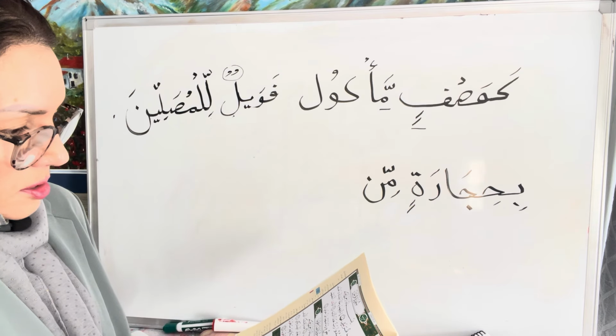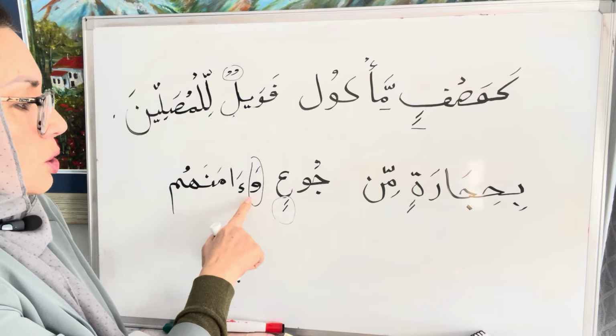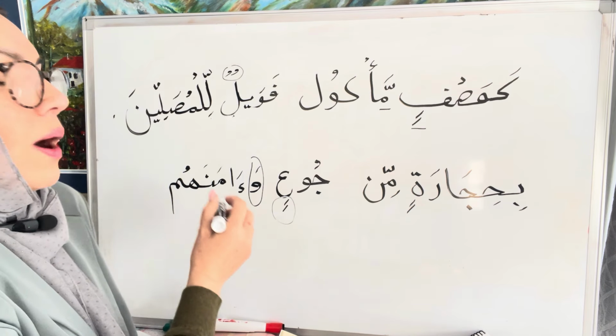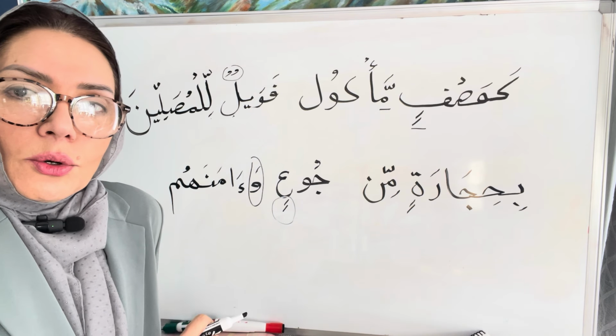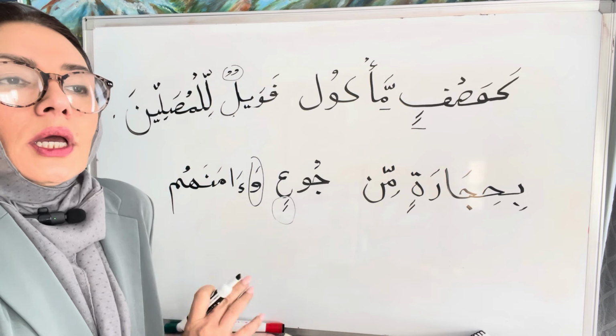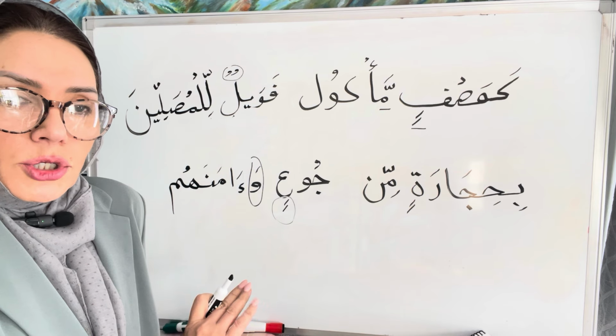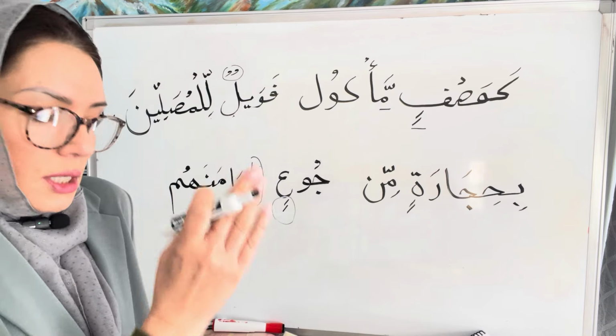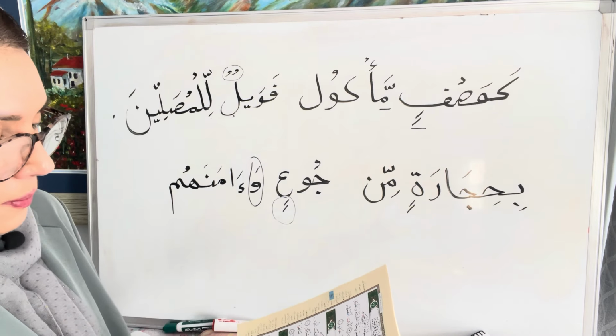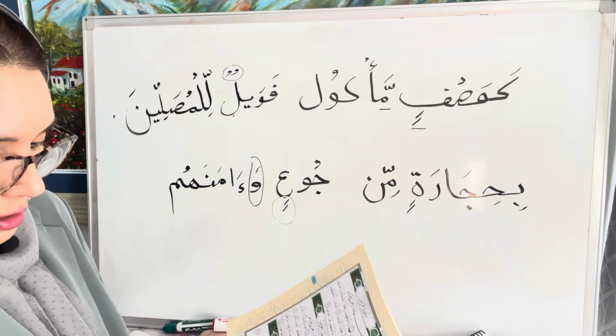So we read it as min ju'in wa amanahum. So this gets merged with the waw. Okay? So the rule here would be idgham naqis, meaning it's an incomplete merging, but there's a nasal sound. All right.